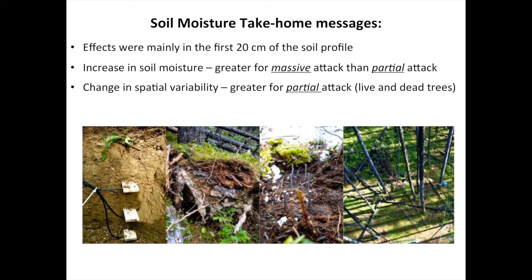Of course, the clear cut was wetter, but in terms of the Mountain Pine Beetle, the massive attack was wetter, and then the partial attack stand. But it was very exciting to see that the change in spatial variability was significant for the partial attack stand, where it was reflecting the presence of live, dying, and dead trees as well.